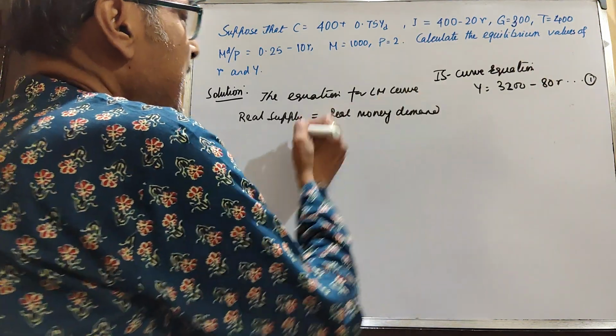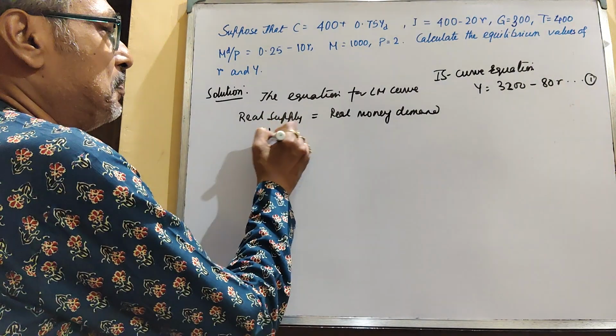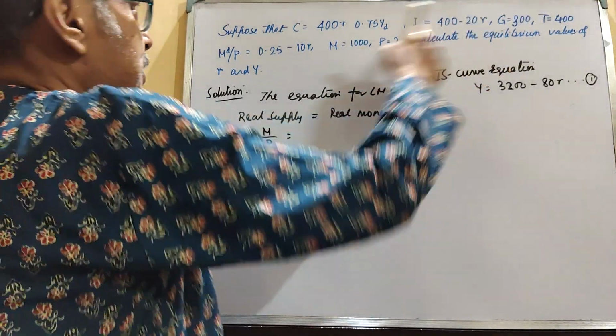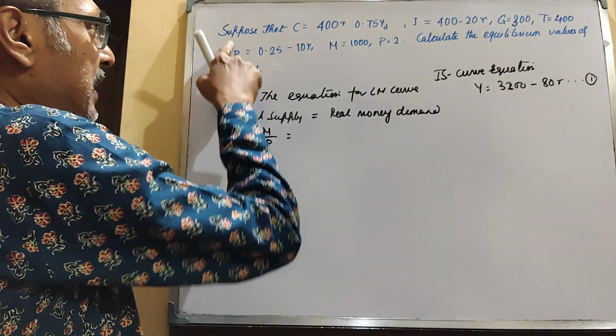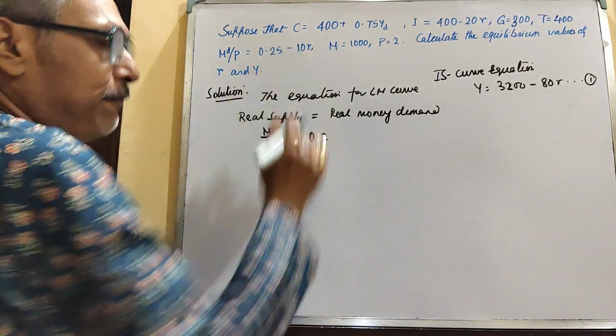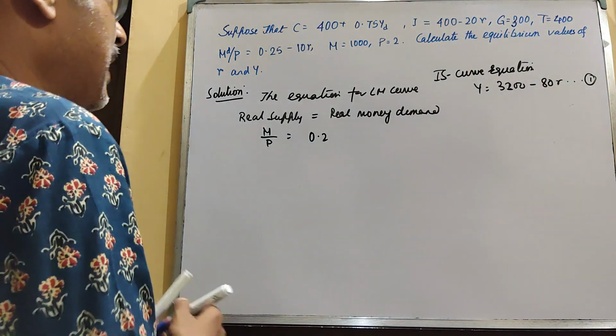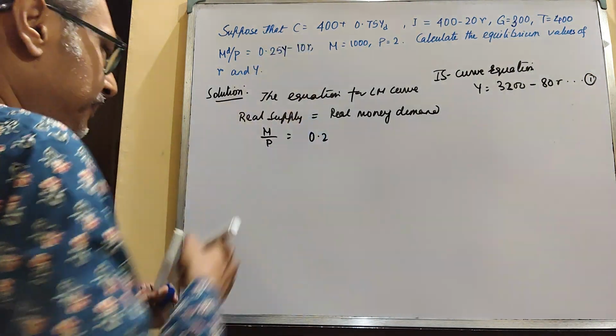Now, real money supply is M by P, which equals real money demand, MD by P, which is 0.25Y minus 10r.